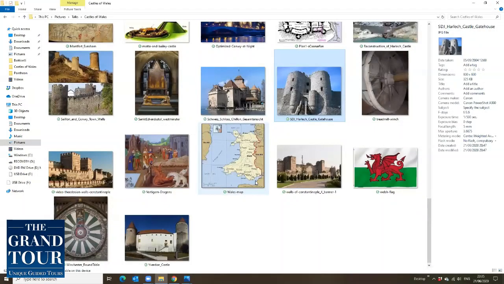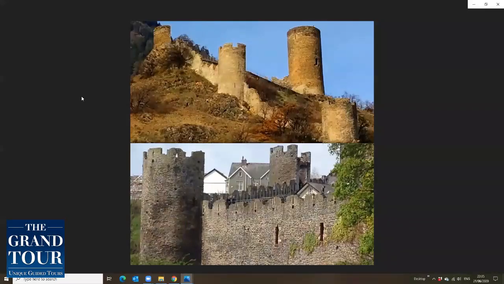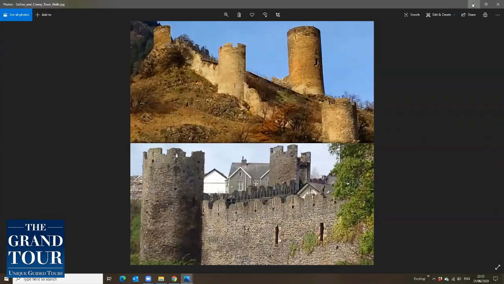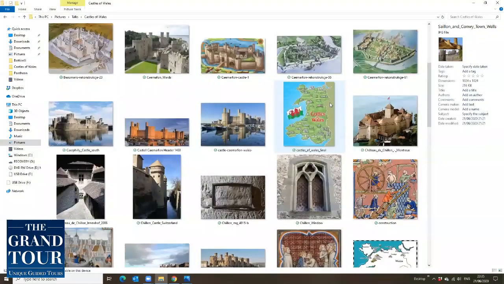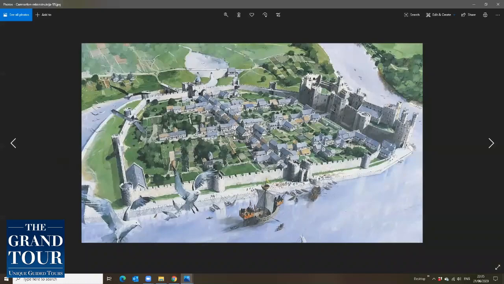The castle actually had some features, like, for example, this on the castle. So this is how Caernarfon was when it was in use. So basically the castle here, the town walled as well.